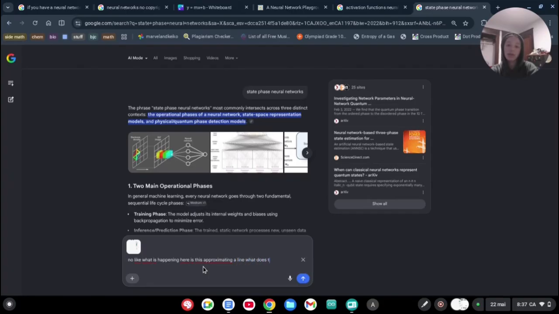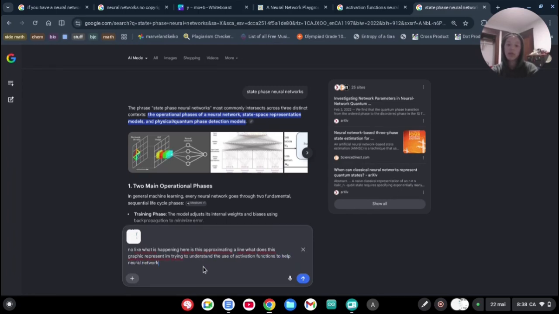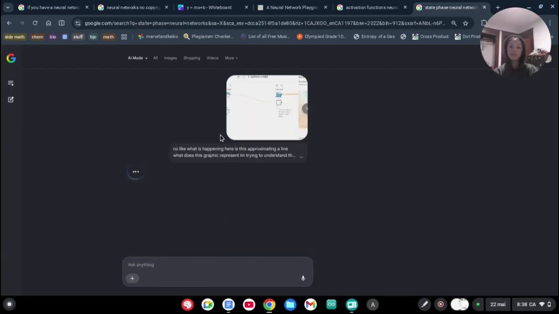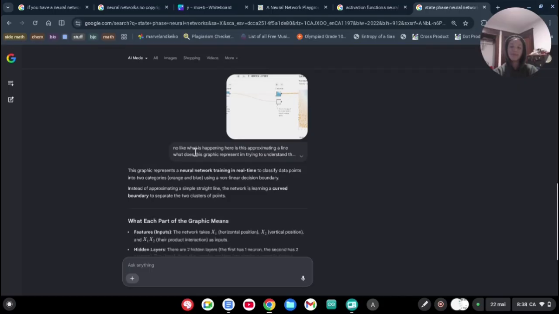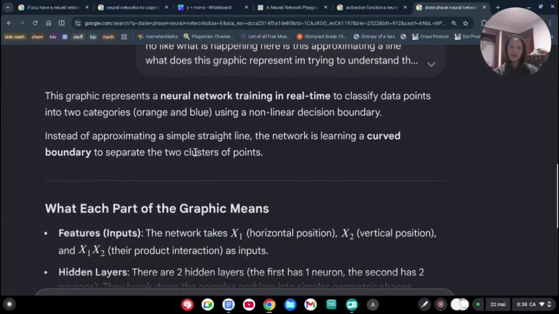What does this graphic represent? I'm trying to understand how activation functions help neural networks approximate non-linear functions. Okay.